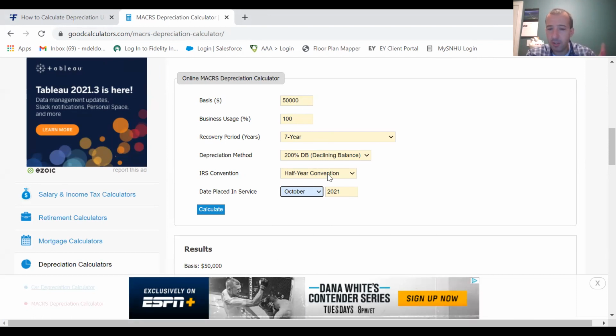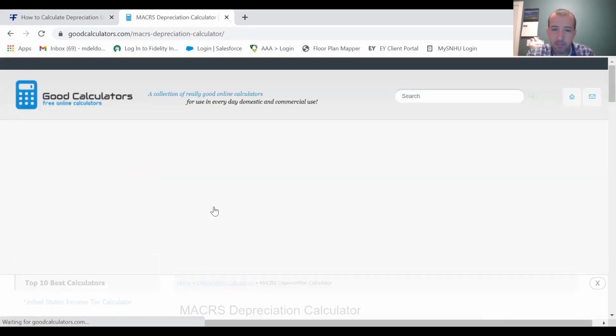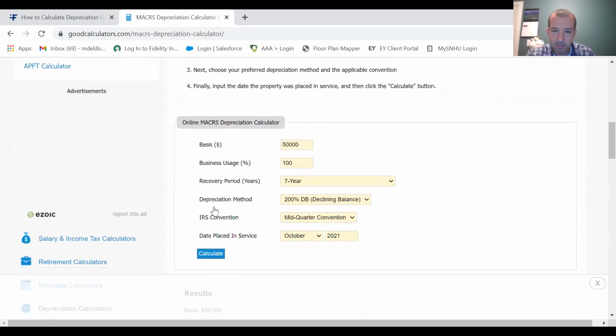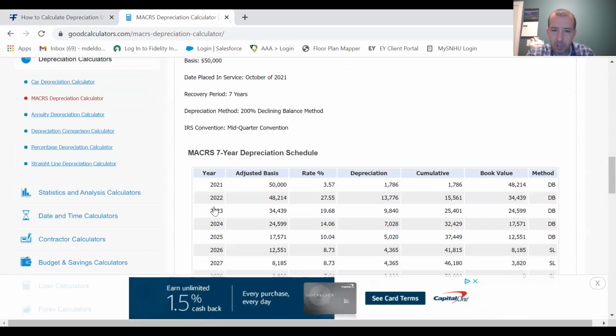The calculator is not smart enough to change, so we have to change it. If we purchase more than 40%, in this case 100%, in Q4, then we have to use the mid-quarter convention. And we're going to calculate and scroll down.